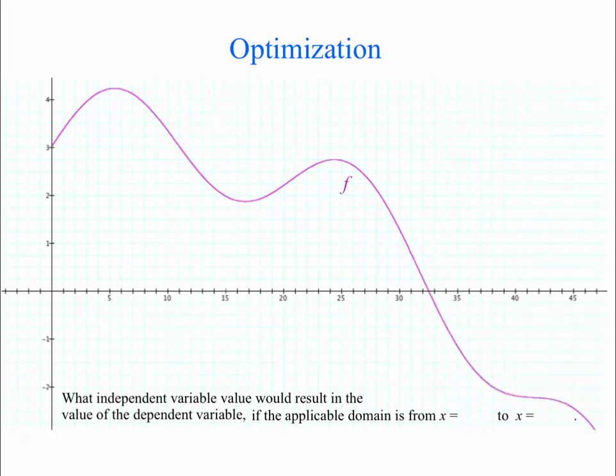So now I want to do max again, but now I want the applicable domain to be from 10 to 35. I'll show you that. Again, we want the max, if the applicable domain is from 10 to 35.